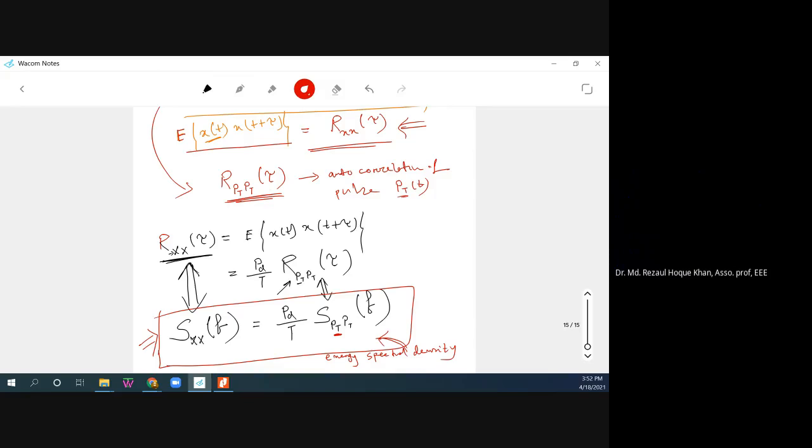So what we just found is that the power spectral density of our transmitted signal has a relation with the energy spectral density of the pulse by this relation.